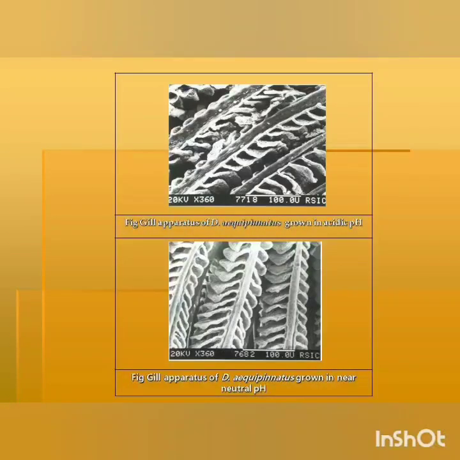In the case of gill also, we find that in the upper picture, the acidic pH has disturbed the gill lamella. In the lower one, at normal pH, the gills are intact.